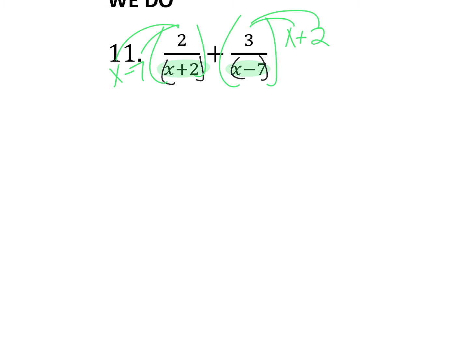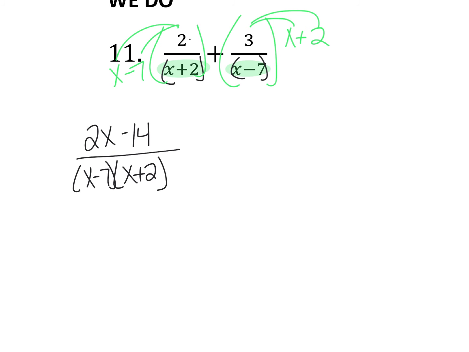So I'm going to do x times 2, which is 2x, and then negative 7 times 2, which is negative 14. And on the denominator, I'm going to keep this in factored form, so x minus 7 and x plus 2. In my second fraction, I have 3 times x, which is 3x, and 3 times 2, which is 6.